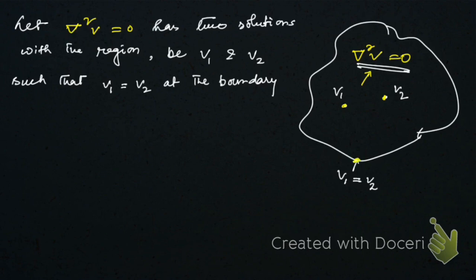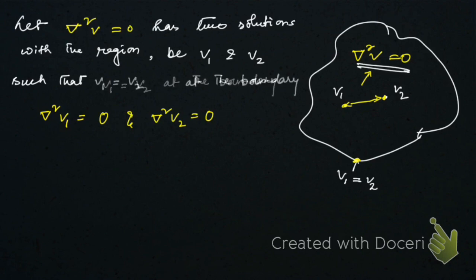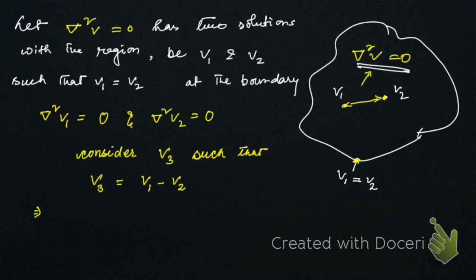Here we can also write that del square V1 is equal to 0 and del square V2 is equal to 0, because they are solutions of the Laplace equation. Now let us consider the potential difference between these two within this region. Let V3 be equal to V1 minus V2.